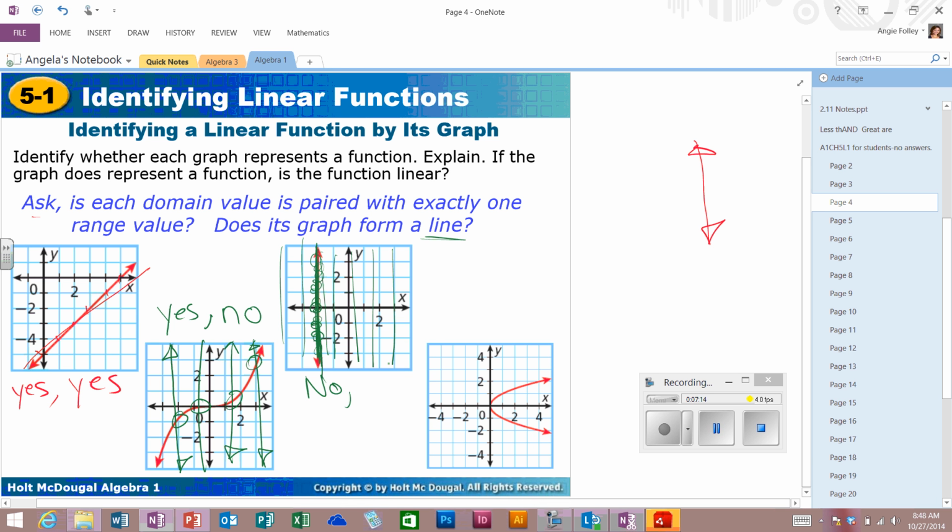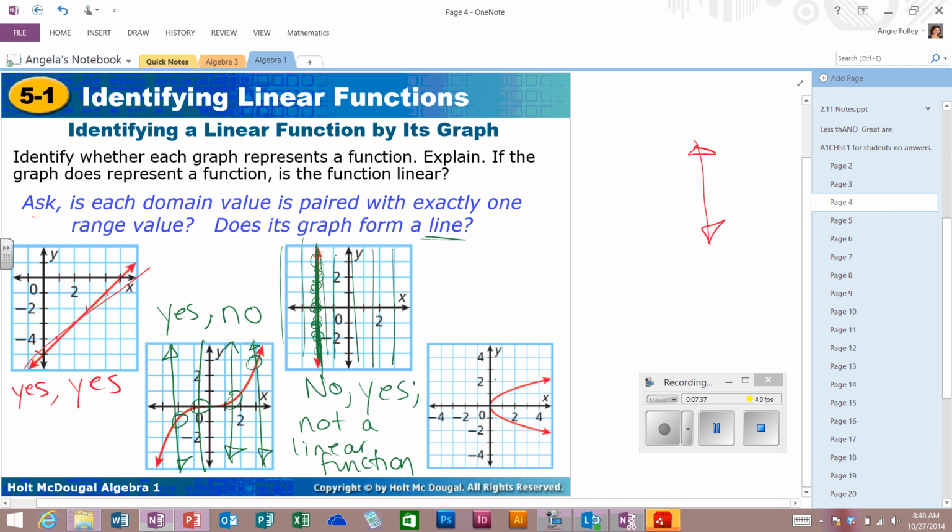And is it a linear function? Well, if it's not a function, it can't be a linear function. It does form a line, yes, but it's not a linear function. So that's important to note. Yes, it makes a line, but because it's not a function, it's not a linear function.